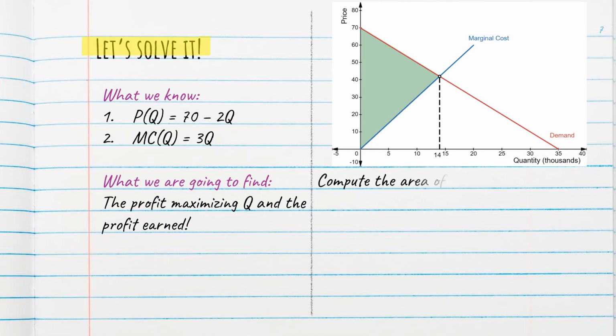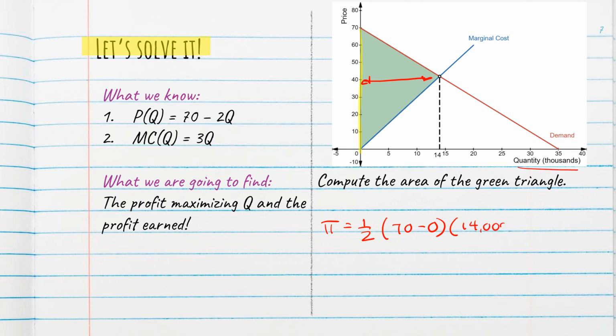So our final step is to find the area of that green triangle. Our profit is going to be equal to 1/2 times 70 minus 0, just so we're clear, that's the base of the triangle, times the height of the triangle, which we're sort of thinking of as this. And the height of the triangle is, keep in mind, quantities in thousands, so 14,000 minus 0.